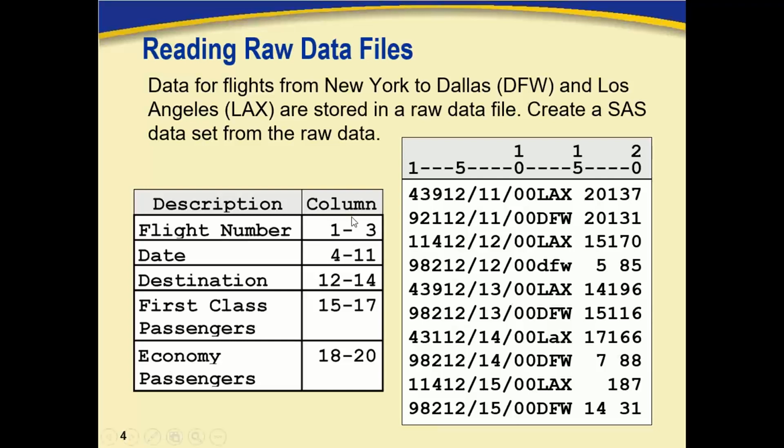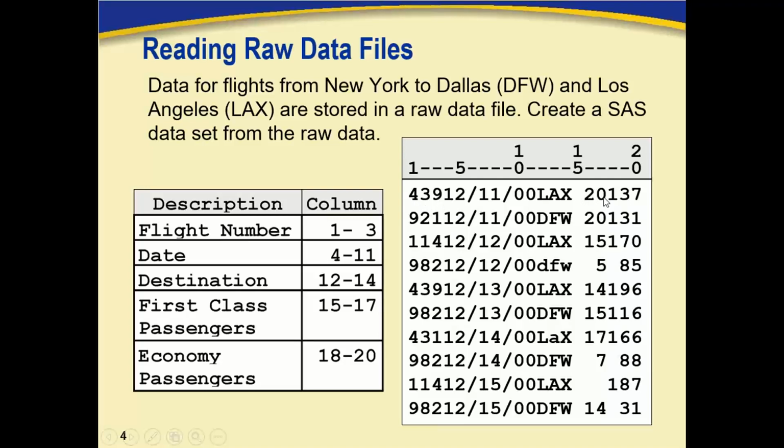The information for the flights from New York to Dallas and Los Angeles is stored in a raw data file. Create a SAS dataset from this raw data. What is the raw data? This is the raw data.